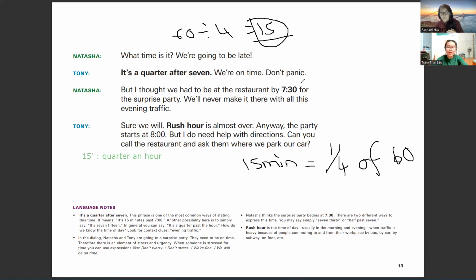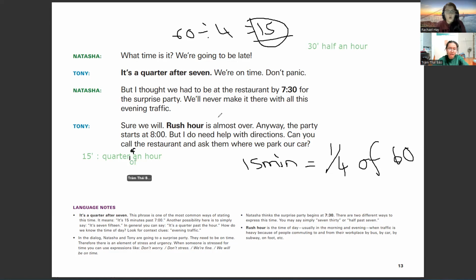If 15 minutes is a quarter, 30 minutes we say half an hour. Good. So 15 minutes is quarter of an hour. You're just going to have to put the of over there.